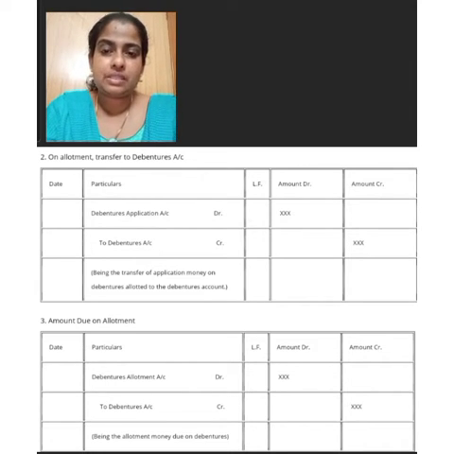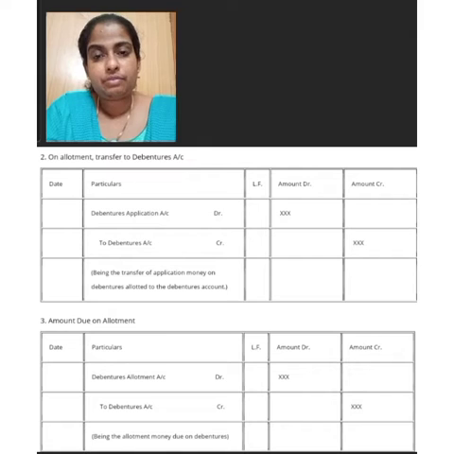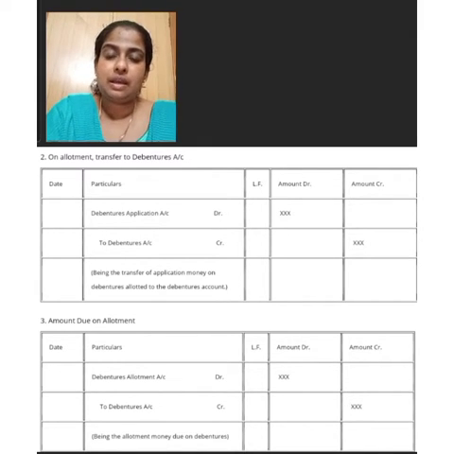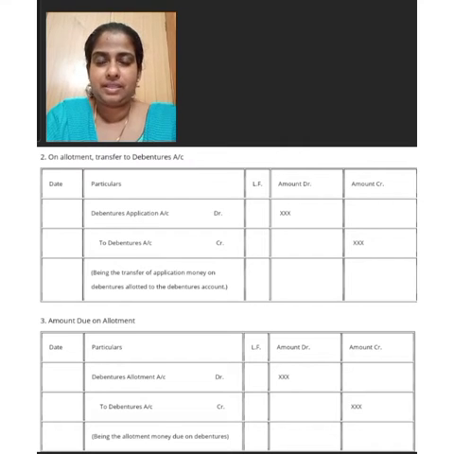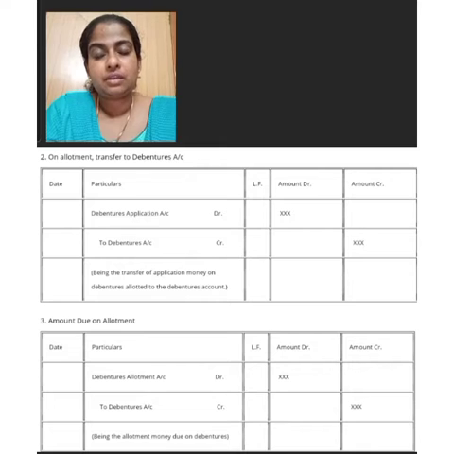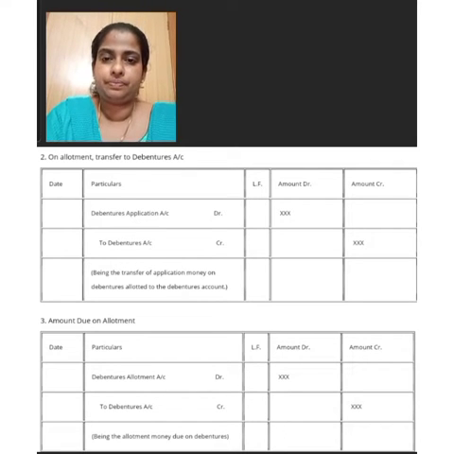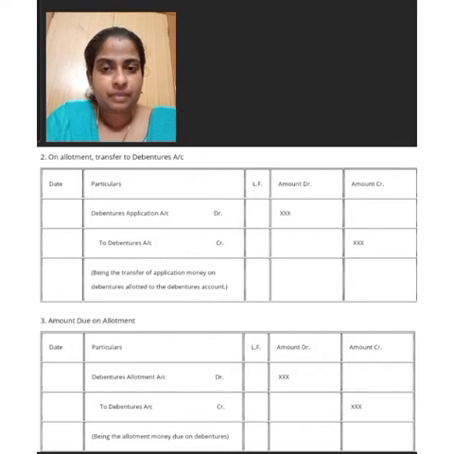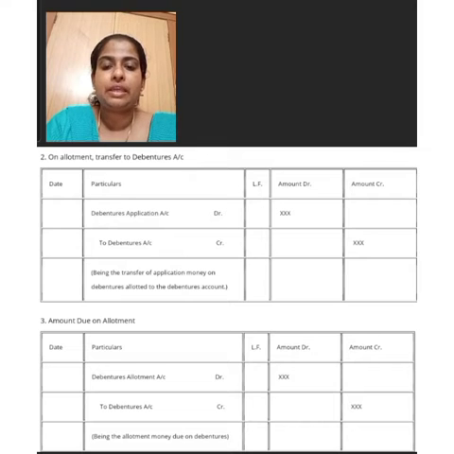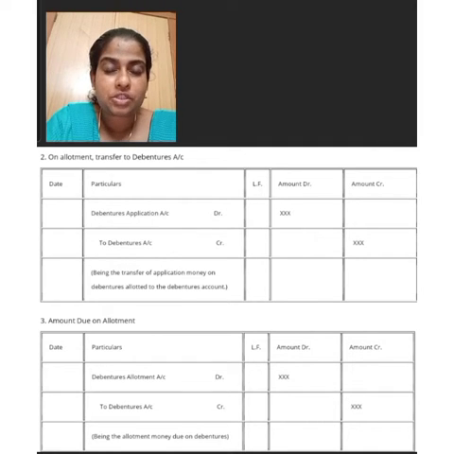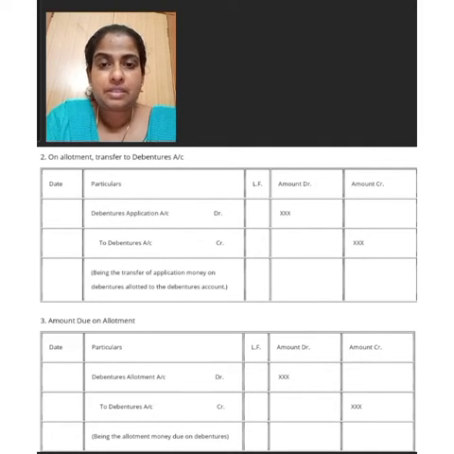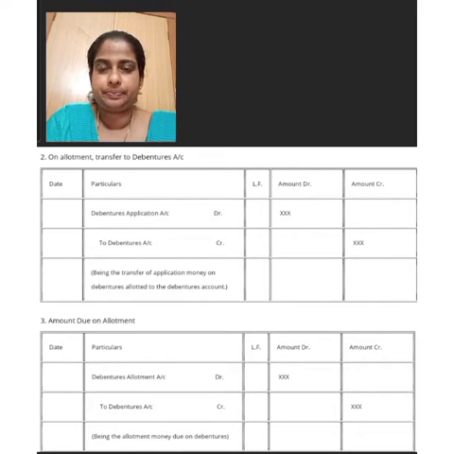First, we write the journal entry for application money received for 12,000 debentures: Bank Account debit to Debenture Application Account, 12,000 into 20. Then, the second step, transfer of issued debentures application money to debenture account. The company decided to issue only 10,000, so the entry is Debenture Application Account debit to Debenture Account. How much will be the amount? 10,000 debentures into 20 rupees.